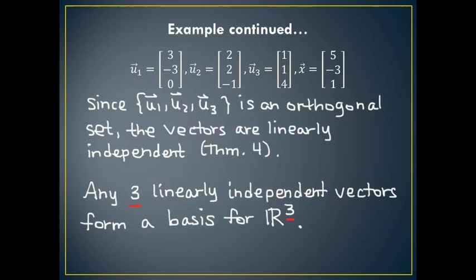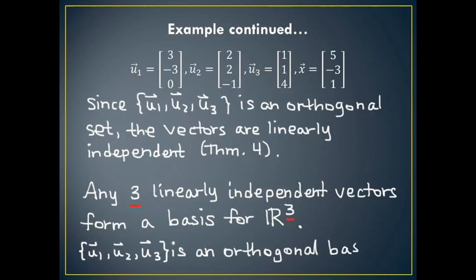We have 3 linearly independent vectors by Theorem 4, so from that rule we know that they form a basis for R3. So we've shown that they're an orthogonal basis for R3. Now we can use Theorem 5 since we have an orthogonal basis.